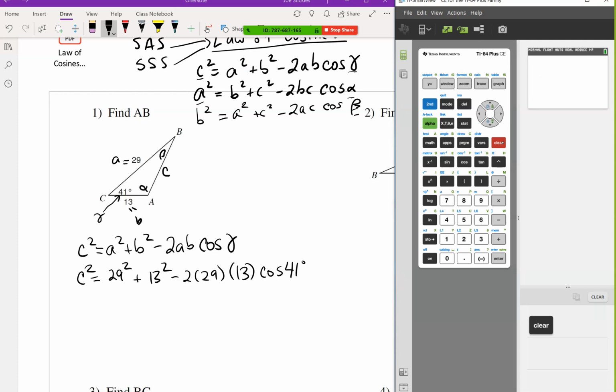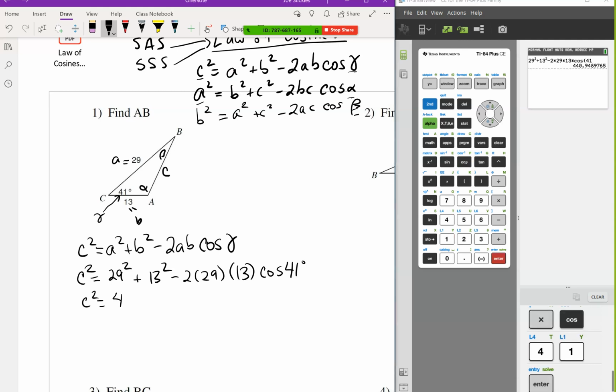So now I can use the calculator to help me simplify this right-hand side. I'll just type in 29 squared plus 13 squared minus 2 times 29 times 13 times cosine of 41.